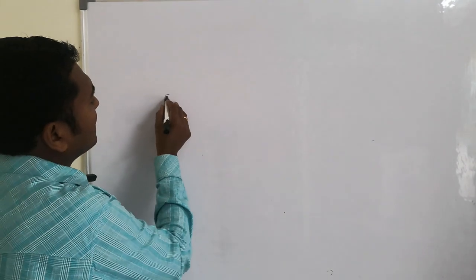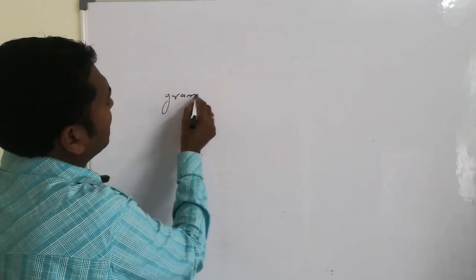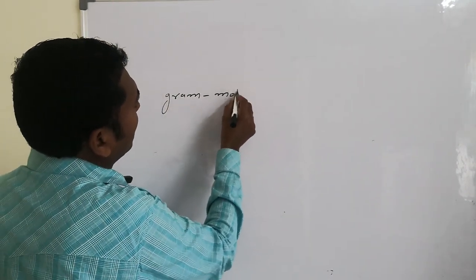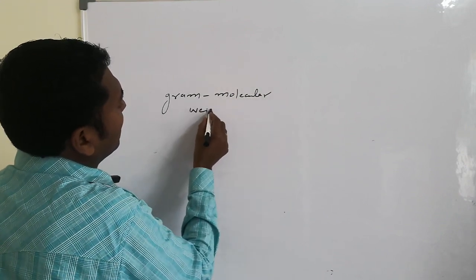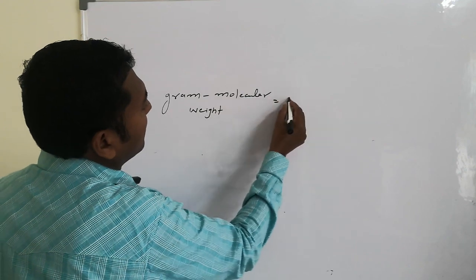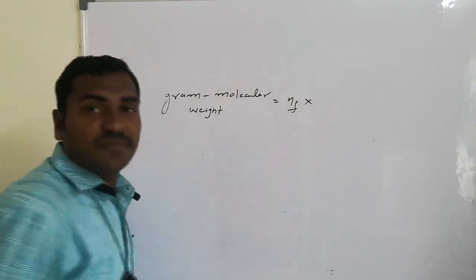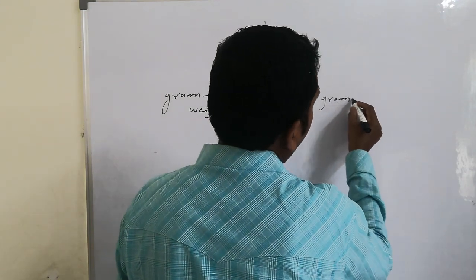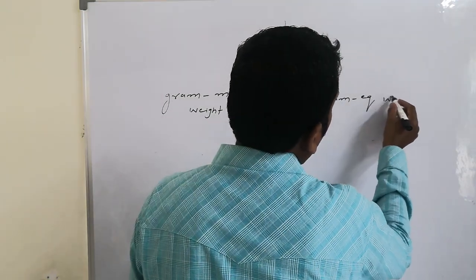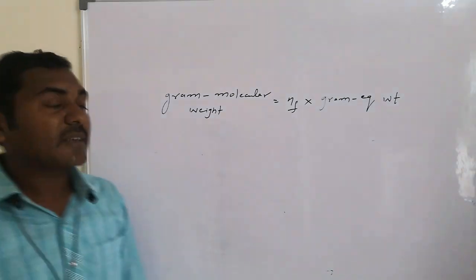Now, if we write the relations and interrelations, gram molecular weight becomes equal to n factor times gram equivalent weight.